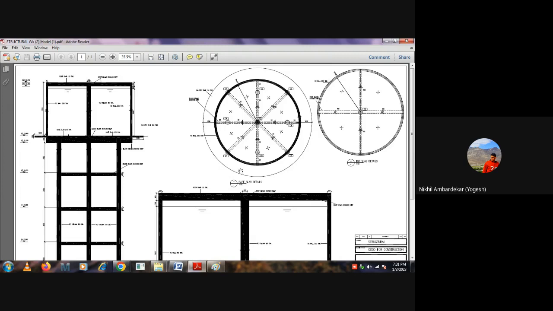So generally I go with between 3 meter to 5 meter, based on the diameter and geometry.